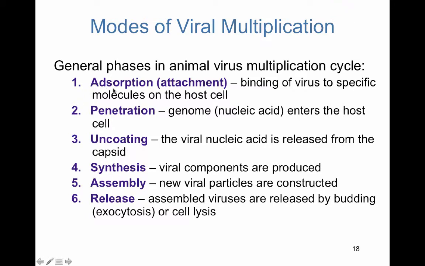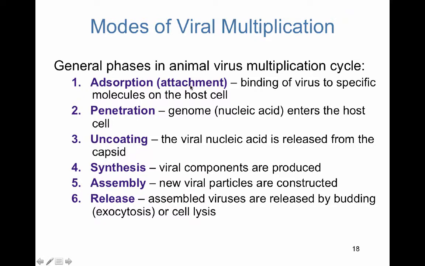So the first one, and I'm going to show you a cartoon image in a second, so it's not as boring to just look at the text here. But the first step here is always attachment. So that virus has to enter somehow through a portal of entry in your body, and it has to bind to a specific target cell. So every virus, not only does it have a target host, which would be the type of animal, the type of organism that it is infecting, it also has a particular host cell type.